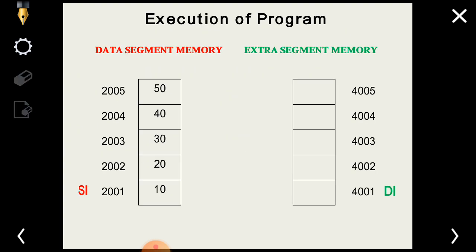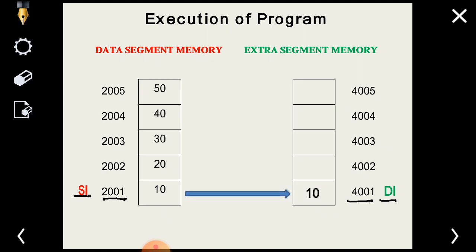So initially SI will be loaded with 2001 and DI will be loaded with 4001. So memory is pointed with address 2001 for data segment memory and 4001 for extra segment memory. Whenever the MOVSB instruction is executed, that 10 will be transferred from data segment memory into extra segment memory.